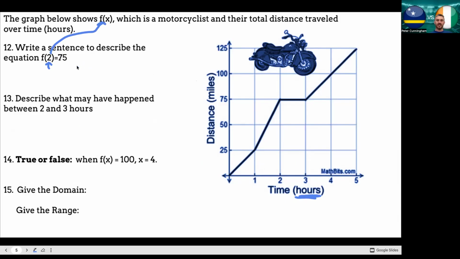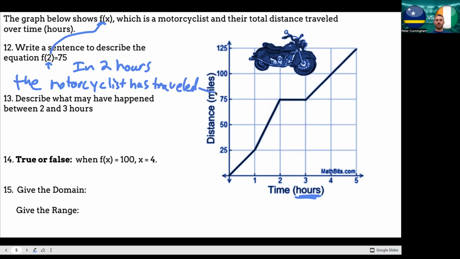So we're saying in a sentence that in 2 hours, the motorcyclist has traveled 75 miles. Be specific. The more specific you are, the more right you will be.